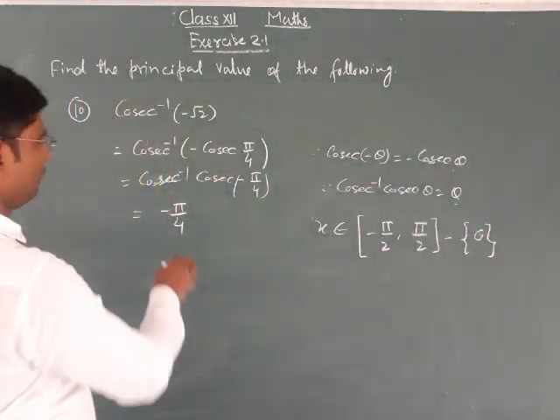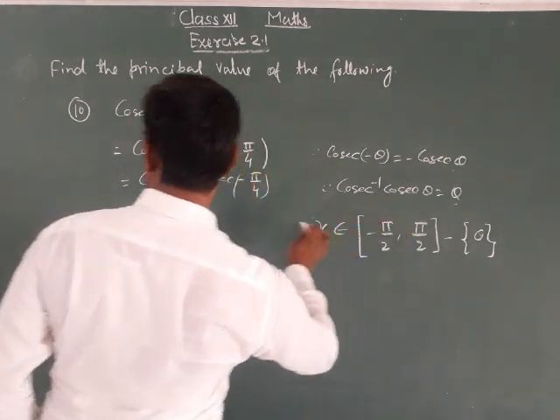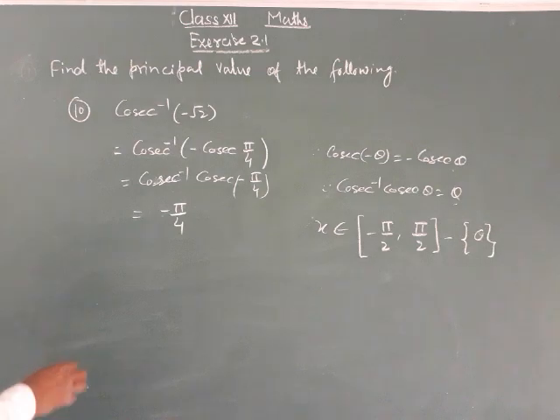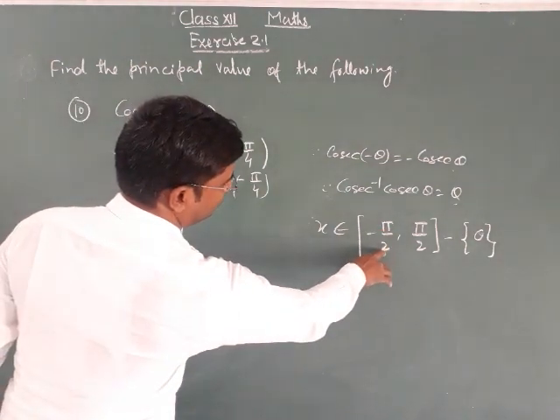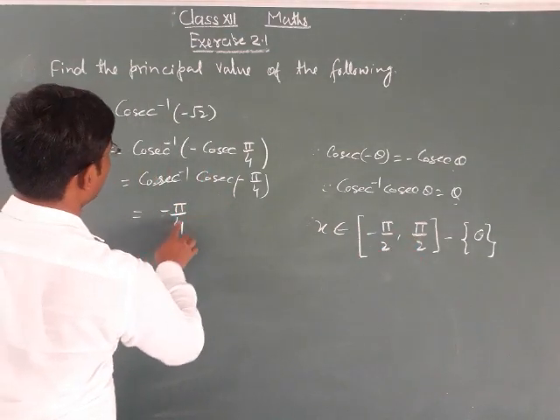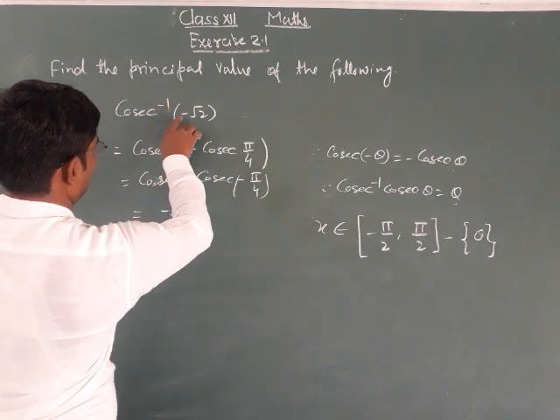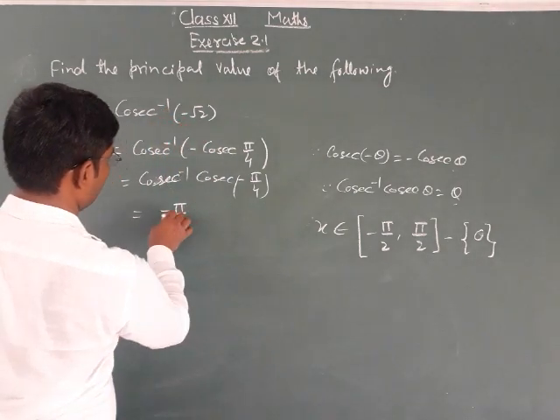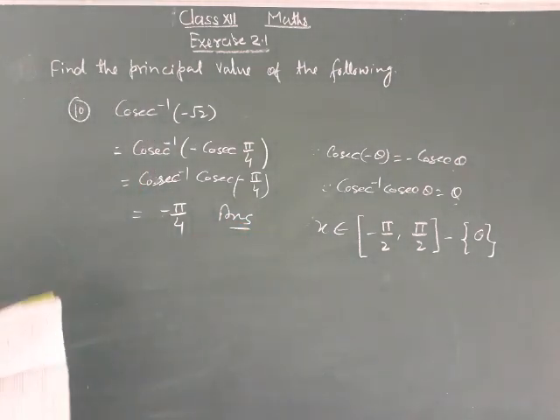This value, minus pi by 4, 45, lies between them. Minus pi by 4 lies between minus pi by 2 and pi by 2. So this is the principal value of cosec inverse of minus root 2, equal to minus pi by 4. This is the answer.